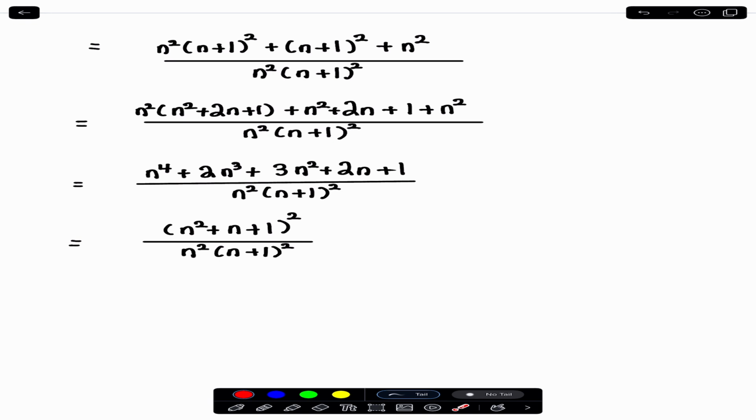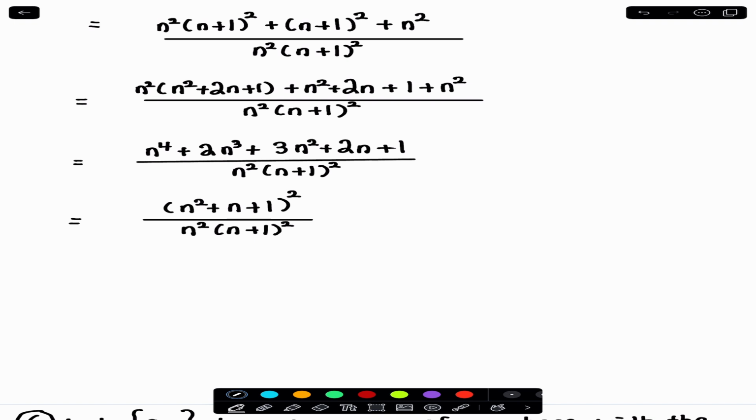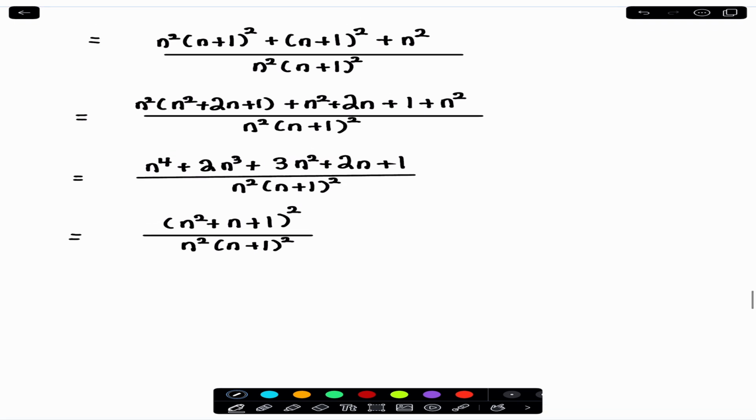So n squared times n times 2 will give us 2n cubed. n squared times 1 is n squared, times 2, that's 2n squared, plus the n squared term from before gives us 3n squared. And then n times 1 is n, times 2, that gives 2n. So that's just a little something to think in your head. As you get more practice, you'll be able to recognize that quicker.